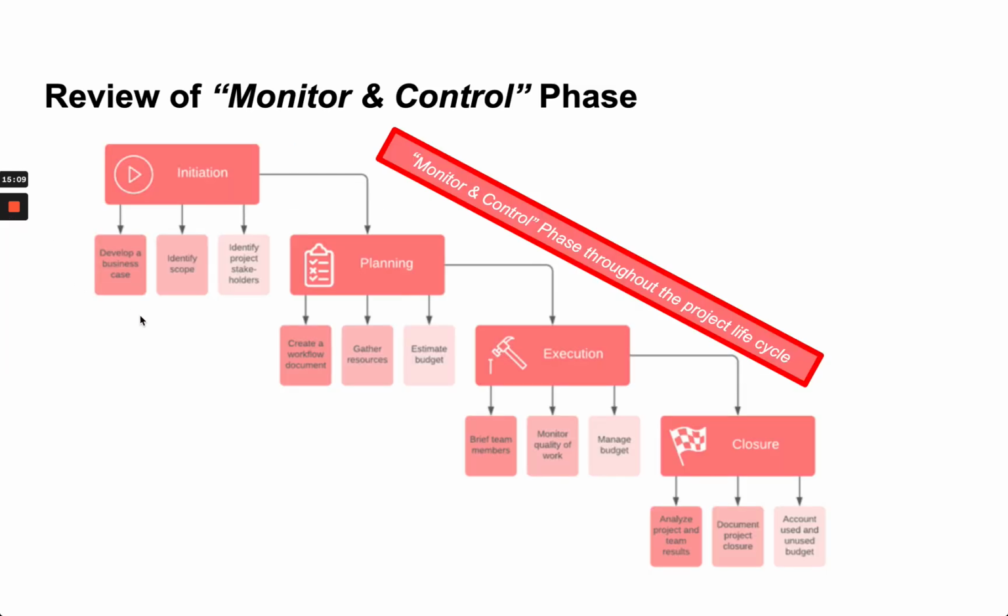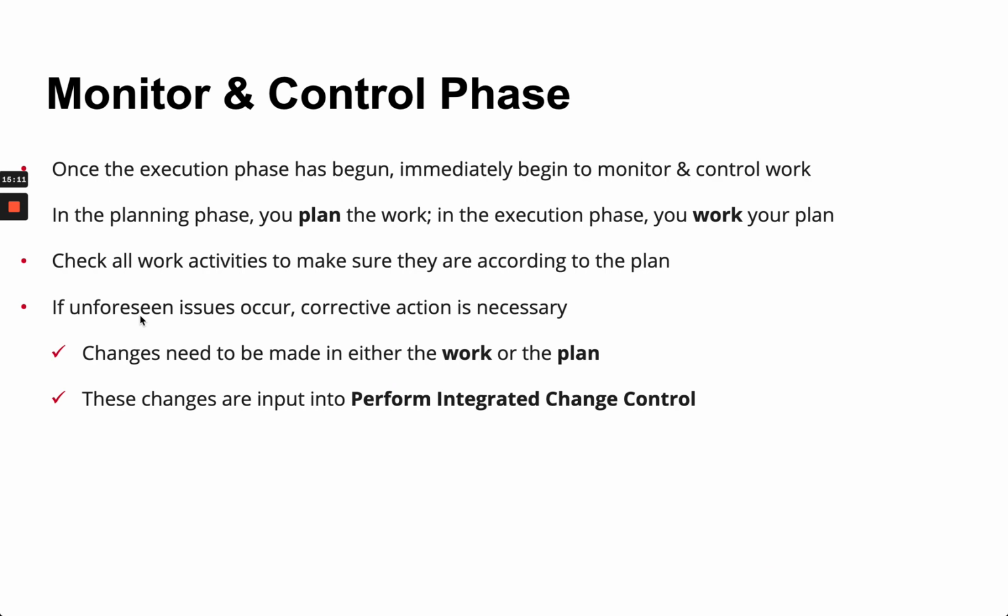Let's take a moment and start this particular phase. So once the execution phase begins, you immediately, if not sooner, go into monitoring and controlling. Okay, where in the planning phase you quote plan the work, the execution phase you work your plan, and now with the monitoring and controlling, you want to make sure everything is done as expected.